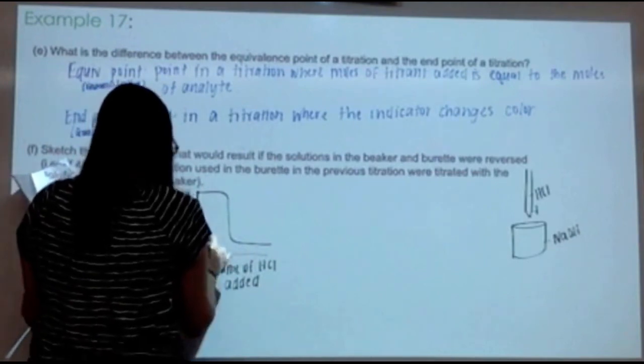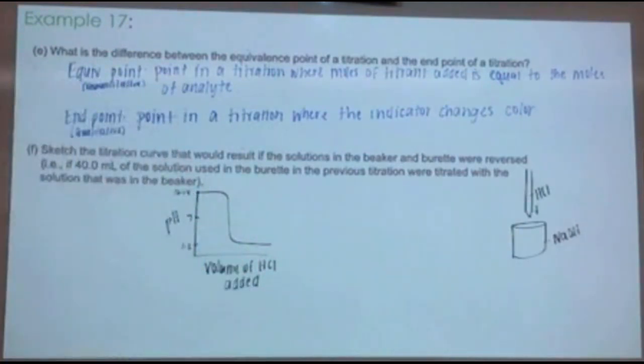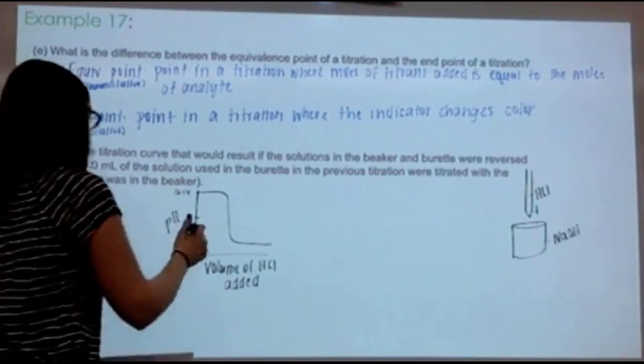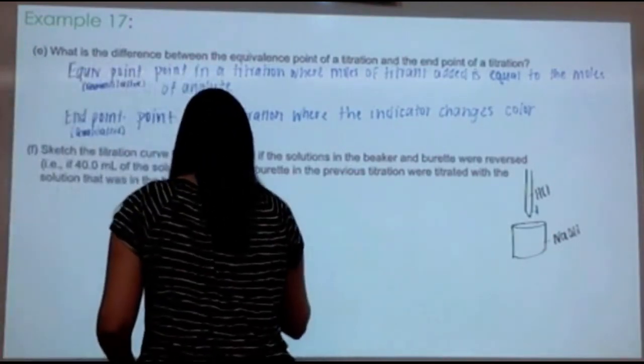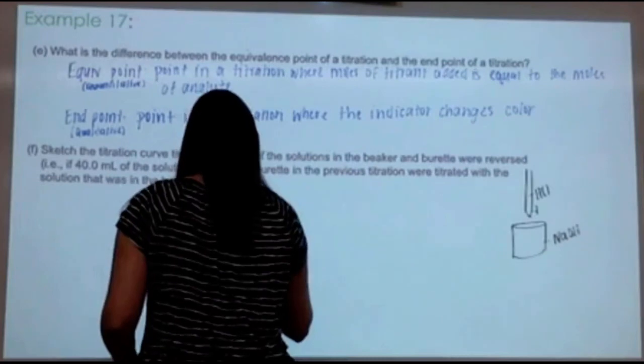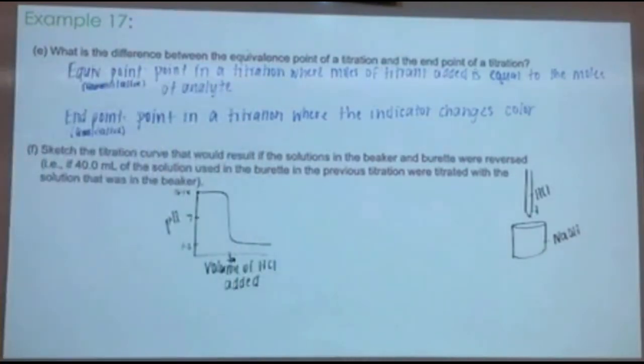The pH that you're ending at down here should be between 1 and 2, or maybe just less than 2. You're starting with a strong base. You're ending with a strong acid. The pH at the equivalence point will not change. The volume of HCl at the equivalence point will be 40 milliliters as well.